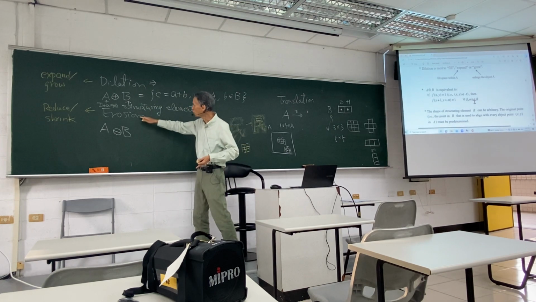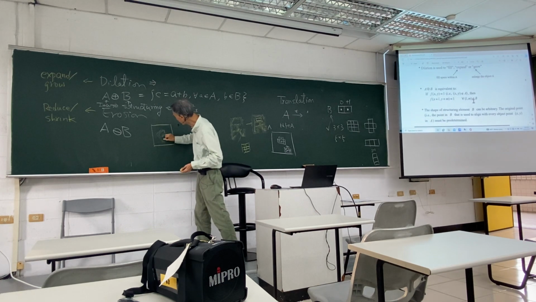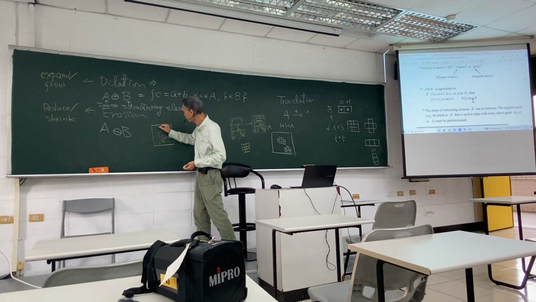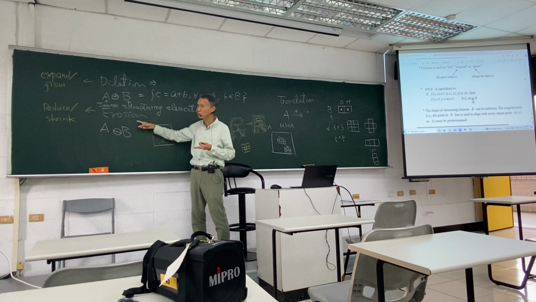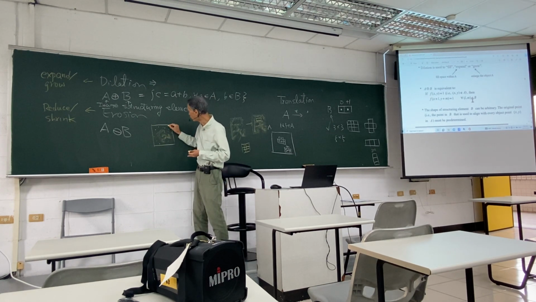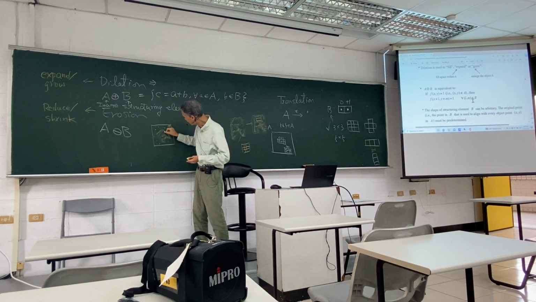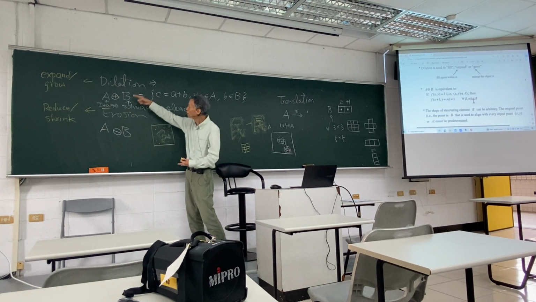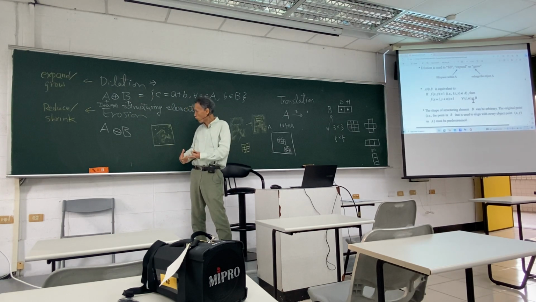Okay? Why we need to do the erosion? For example, if you have something and you have got a lot of noise here, you are not going to apply dilation first. You will do erosion to reduce what? So that we can reduce the noise. But at the meantime, the object will be shrinking. And then you need to apply dilation to make it grow back to its original size.